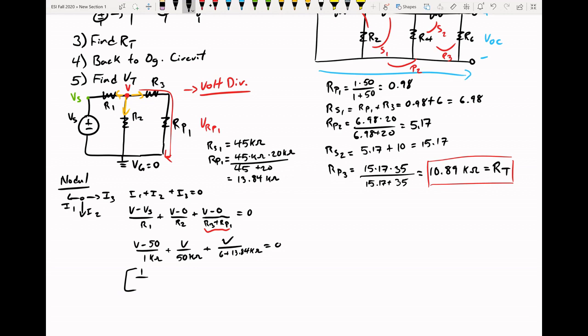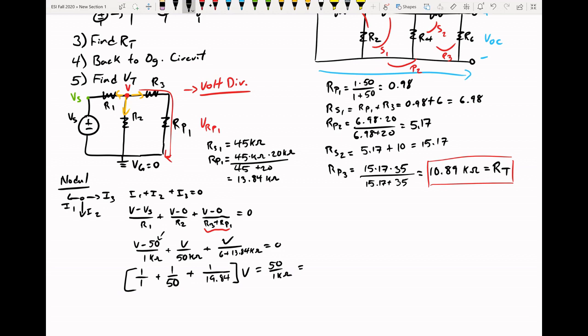So 1 over 1 plus 1 over 50 plus 1 over, it's going to be 19.84. Sorry, it's just 19.4 V, and then we're going to move that 50 over. So it'll be 50 over 1 kilo ohm.